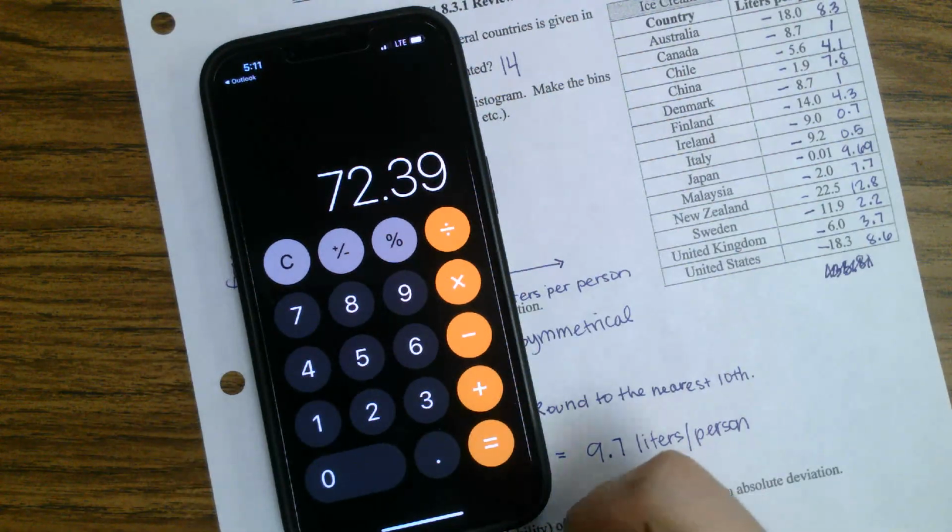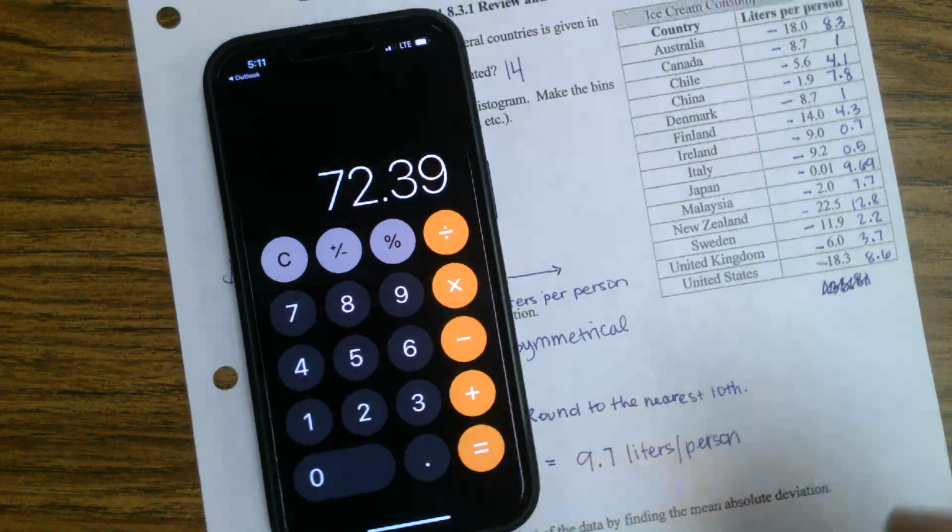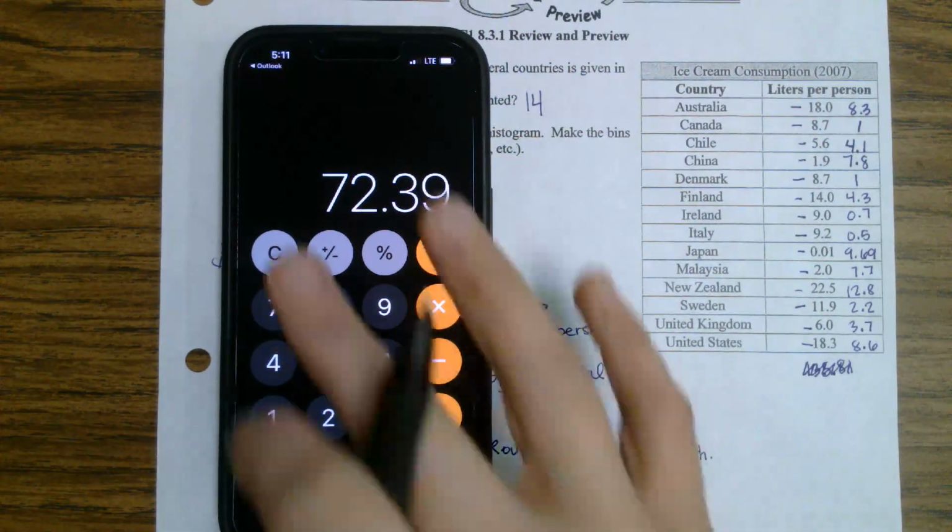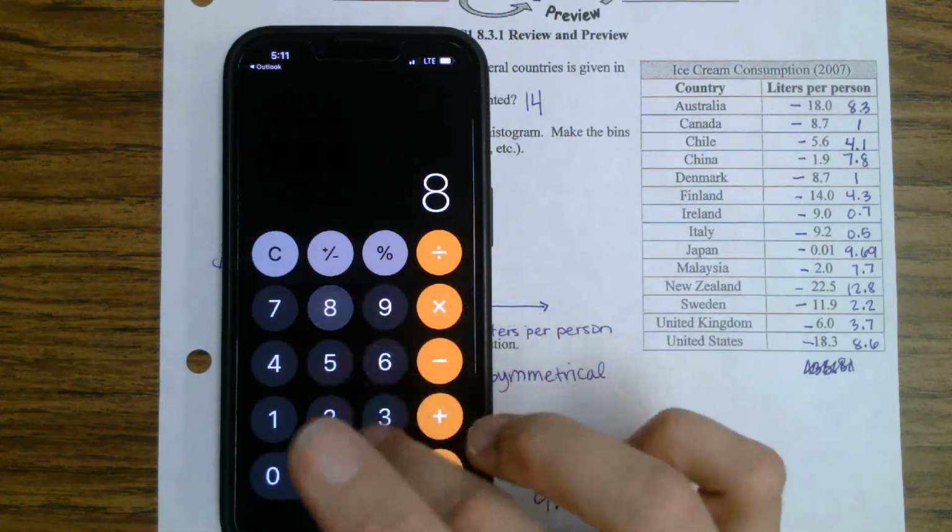I get 72 and 39/100. Okay, I'm going to do that one more time.